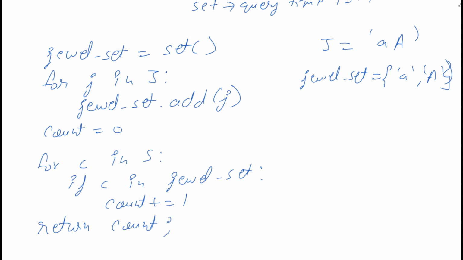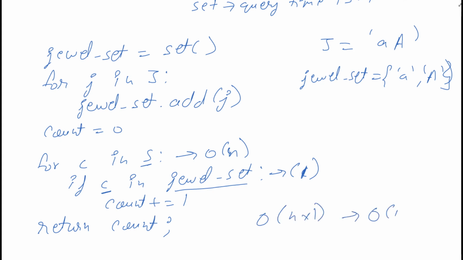What is different here? This will remain the same, O of n, the time complexity for iterating over all the stones, but the query time, whether this stone c exists in jewel set or not, will now be O of 1 only. So the total runtime will be O of n cross 1, or we can say O of n only.